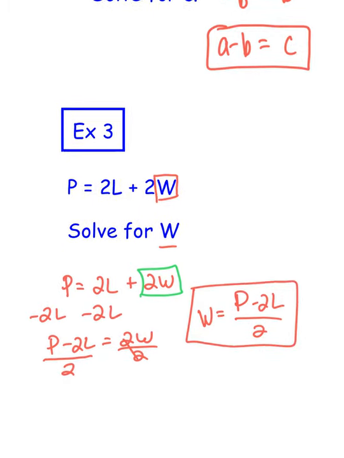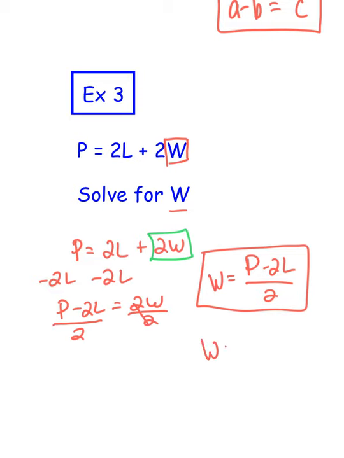Now, every once in a while you might see it written as W equals P over 2 minus L. And so what happened there is they did the P over 2 and then the negative 2L over 2. And you can do that. And then the 2 over 2 just reduces. So you should be able to do both, but that first one is totally fine. You do not have to take it to the second answer.